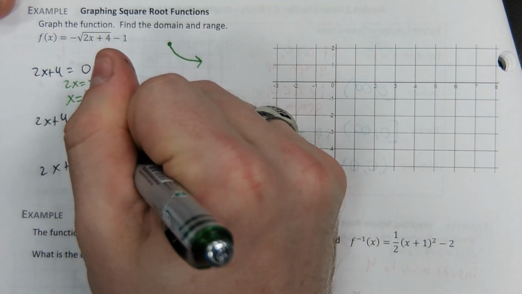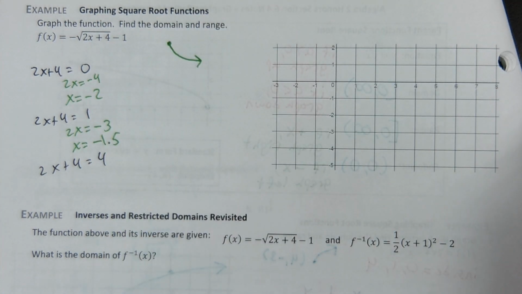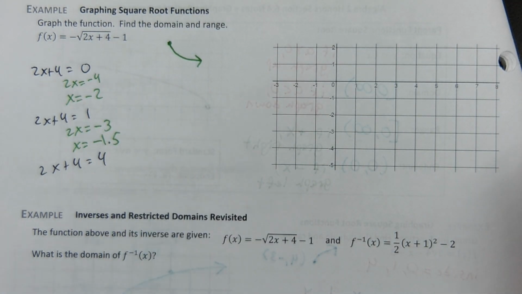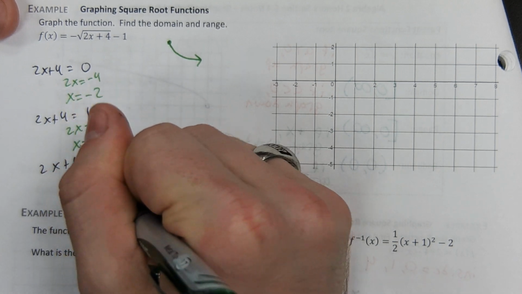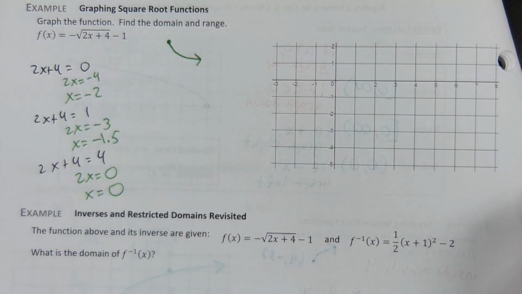Ew, a decimal. It's okay. It's a pretty one. It's a 1/2. It's easy to plot a 1/2. Subtract a 4 from both sides and divide by 2. We know our x values.